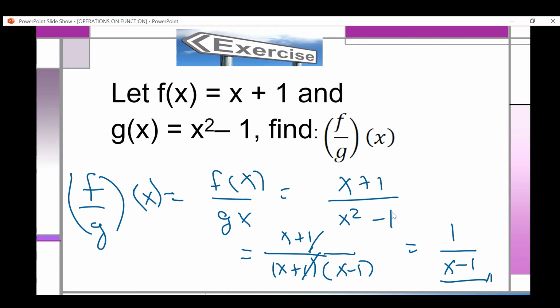Okay? Tapos yung denominator natin, mapapansin natin, pwede natin siyang i-factor. So, ano siya, difference of 2 squares. Ayan. So, sum and difference of 2 binomials yung factor niya. Then, simplifying, pwede natin itong i-cancel. Okay? So, ang answer is 1 over x minus 1.